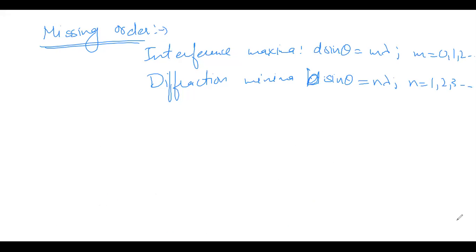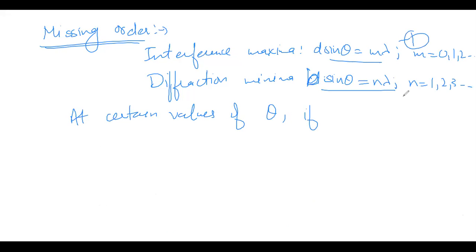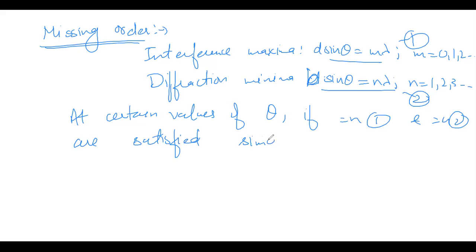If at a certain value of theta both these conditions are simultaneously satisfied, if this equation and this equation are, those are called missing orders.